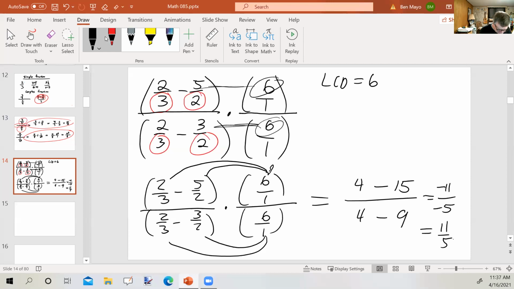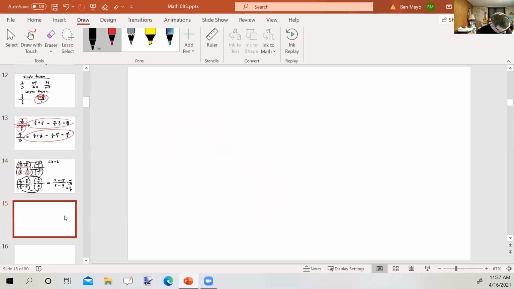Next question. Let's see here. We've got 2 over x minus 1/3 divided by 2 over 3 plus x over 5.